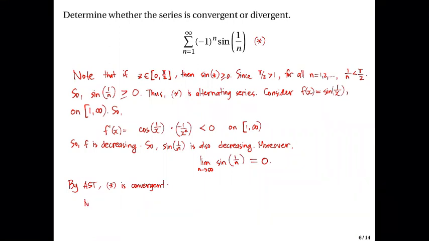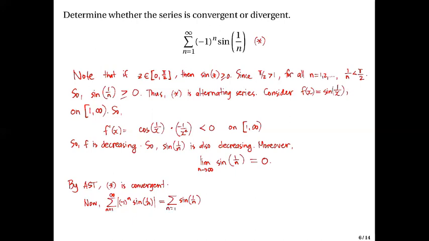So now, let us consider the series, the absolute value of (-1)^n sine of 1 over n, from 1 up to plus infinity. But this is just sine of 1 over n.